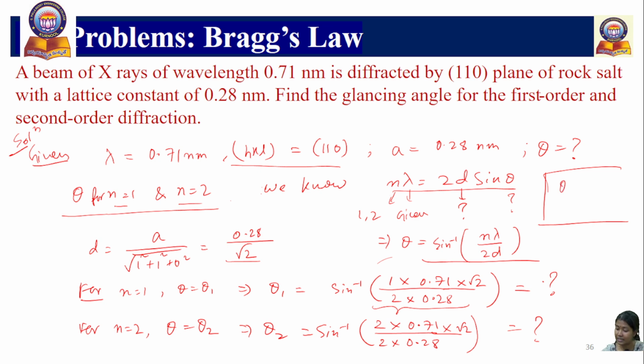If you are getting a value greater than 1, then as a result you have to show all this, the given, then the formula, everything, but you have to say that since sine theta is more than 1, we do not have that order of diffraction. Sine theta should be less than the maximum value of 1, right? If you are getting 3, 4 like that, you should say that the order of diffraction is not feasible.